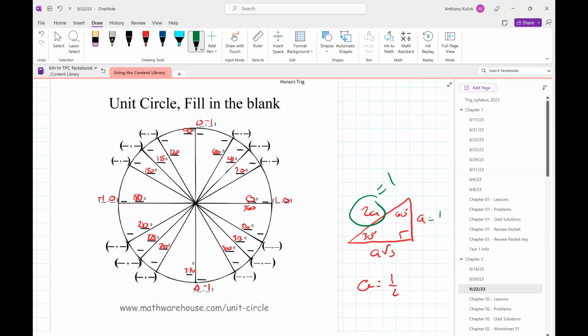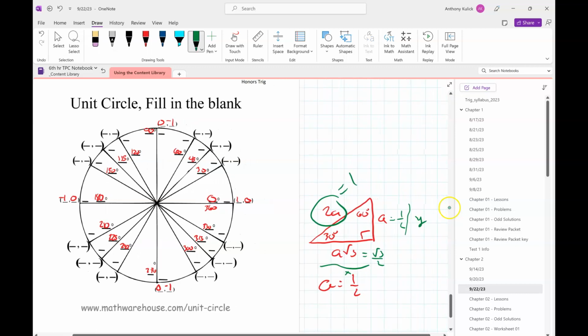So this side becomes 1/2, and this side becomes √3/2. This is my x side. This is my y side. So I have √3/2 as my x and 1/2 as my y.